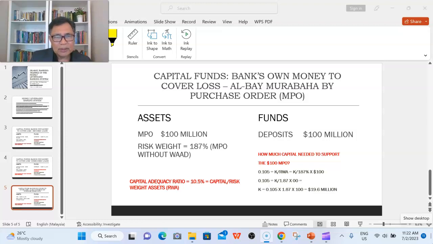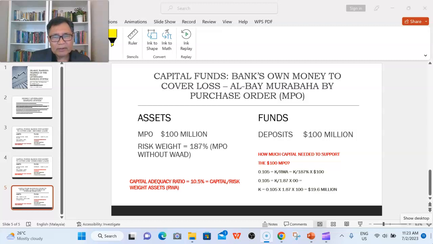So these are the two important characteristics of sale: the transfer of ownership from the bank to the customer, and the taking of ownership risk by the bank in the resale transaction, which is the Murabaha transaction.